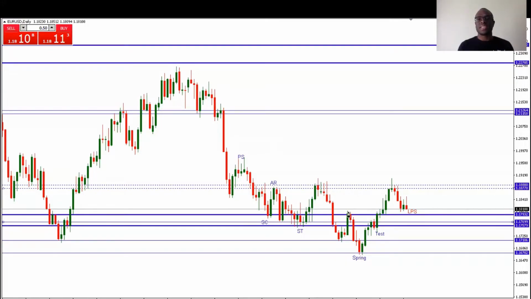So we can see that in this instance the price broke above this high, right, and it's now retesting this structure as a support zone, and we'll be expecting that if this holds as a support zone, that would form our last point of support, and we'll be expecting the price to come and break this structure again. And if it retests this level and it holds as a support zone, we'll be expecting the price to move to the upside.